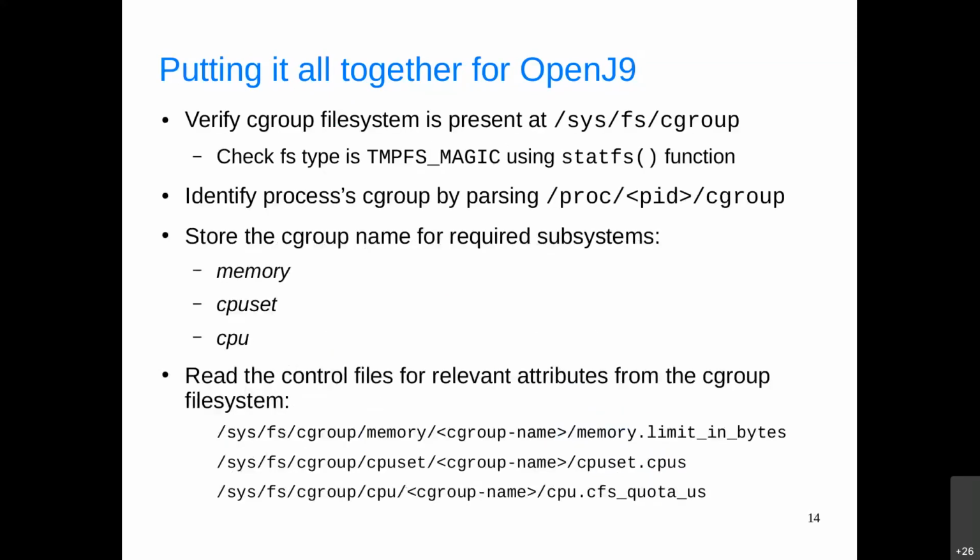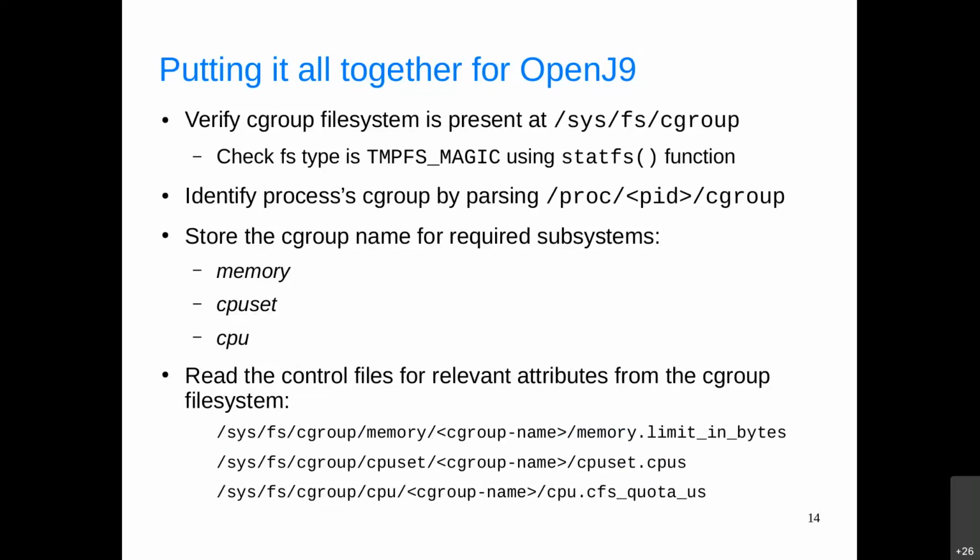So we can now put all these things together and figure out how OpenJ9 gets the memory limits. The first step in that process is to verify whether the C group file system is available or not. OpenJ9 gets this information by using a system call called statfs, which tells you the type of the file system mounted at a particular location.